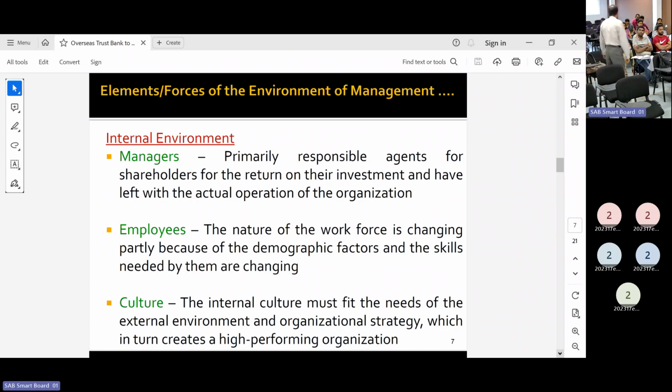Natural resources cannot be marketed by themselves. We have to have the natural advantage, which is always also a competitive advantage. That's why managers are there.